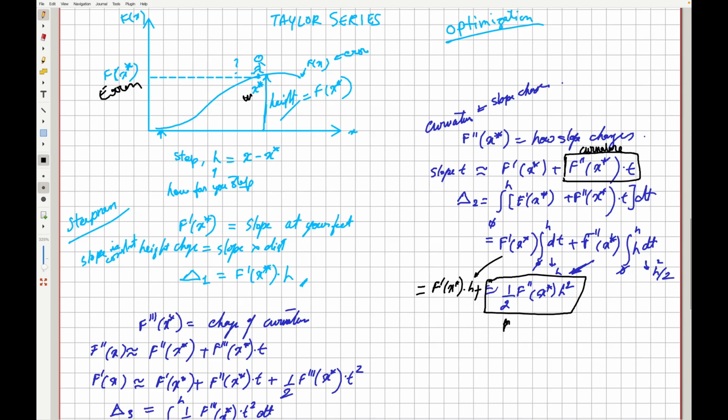So I hope you got an intuition about what a Taylor series is. It's not a scary formula. It's simply a local description of a hill using steepness, curvature, and how the curvature changes to decide your next step.